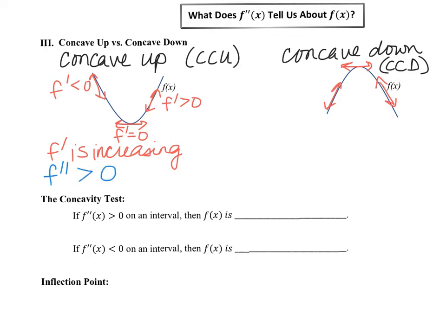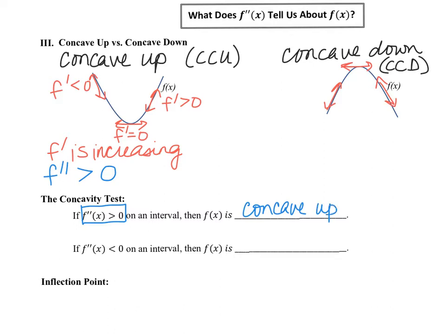Therefore, if the first derivative is increasing, that means that the second derivative is positive. And that is a third way of telling that you have a portion of a graph that is concave up. We call that the concavity test. If the second derivative is positive on an interval, then the original curve must have been concave up.